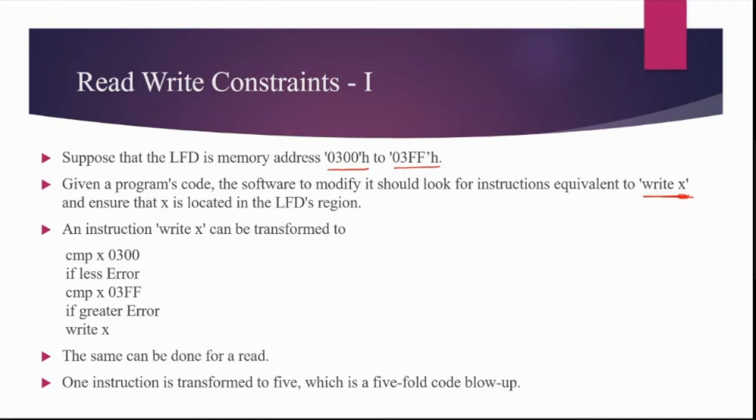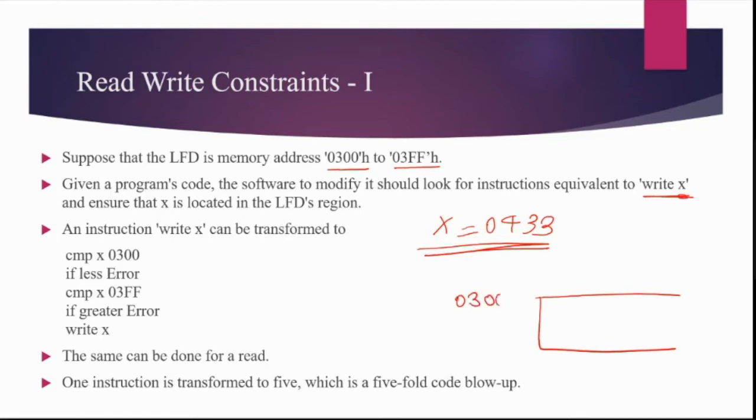Now if we want to implement those SFI constraints, what we can do is, suppose x is 0433. Suppose the value of x is this, but the logical fault domain assigned to this particular code is this. What we will do is check the value of x against the lower bound.